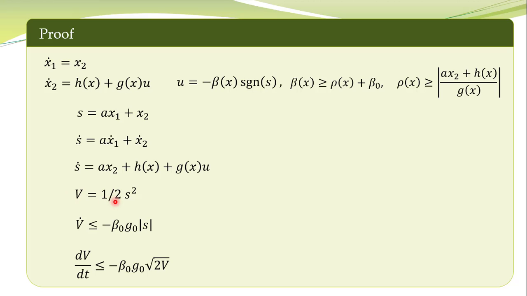So the absolute value of s is given over here, right? This thing can be further rearranged to write it in this way. What we have done is that we have brought this square root of V to the left hand side, and this is written in the form of differentials that is given over here.